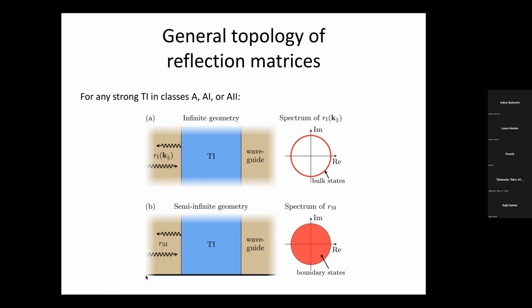And if you introduce one boundary in this d-dimensional setup in order to have a semi-infinite system, then the spectrum of the reflection matrix must cover the entirety of the disk inside.